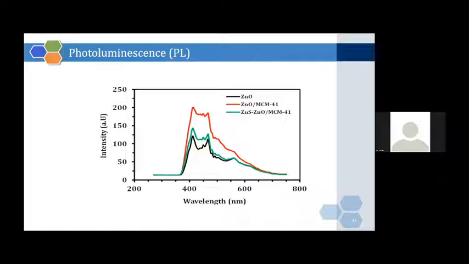Following photocatalytic activity principles, the improvement of photocatalytic activity for this composite sample, zinc sulfide zinc oxide MCM, can be concluded to be mainly due to high efficiency of charge transfer.